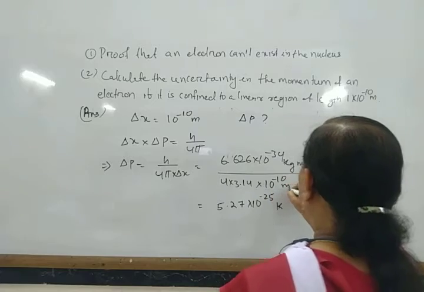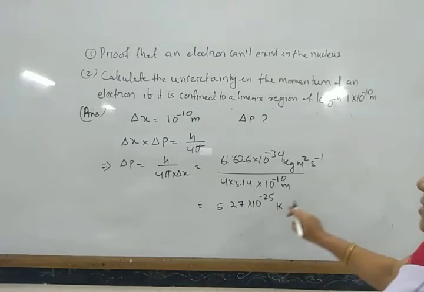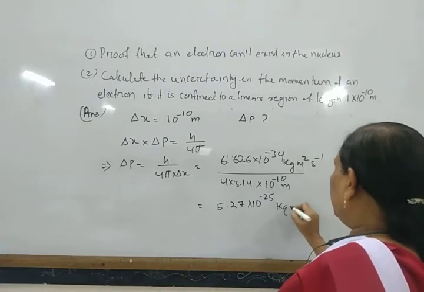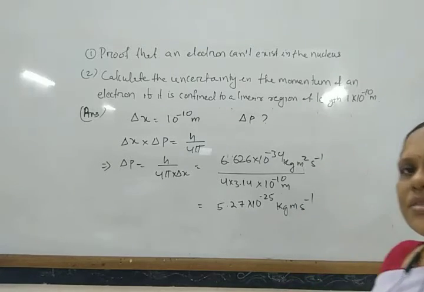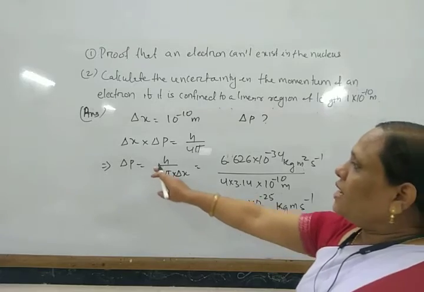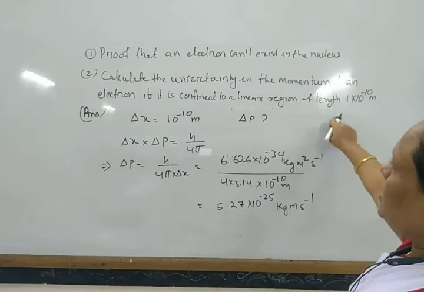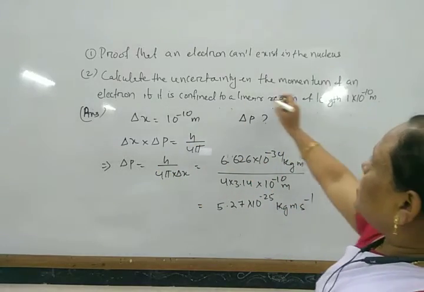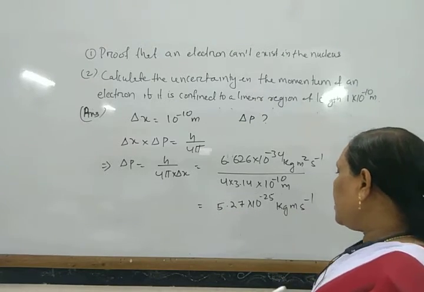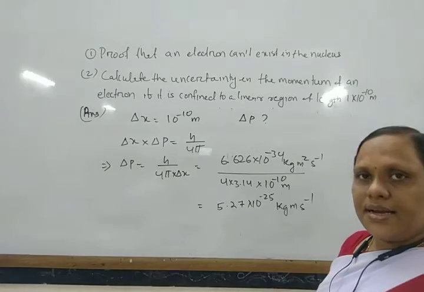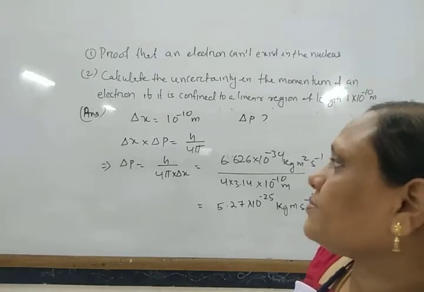The meter cancels, so that is kg meter second inverse. So the uncertainty in momentum, del p, is 5.27 into 10 to the power minus 25 kg meter second inverse. Okay.